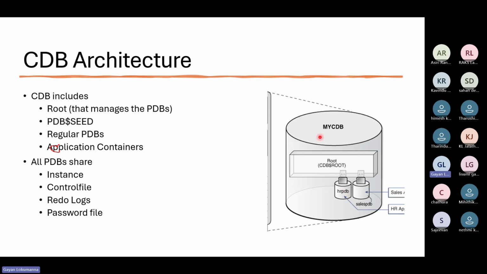So when you try to retrieve data, root will go and access that metadata from this pluggable database. That doesn't mean that root will keep the metadata of HRPDB inside root. You get it, so connect with the HRPDB, right? That's right.